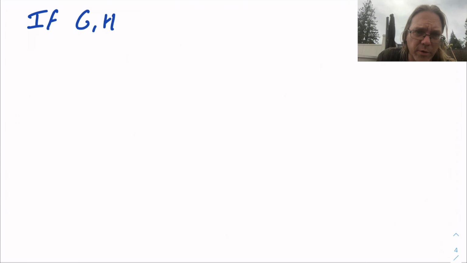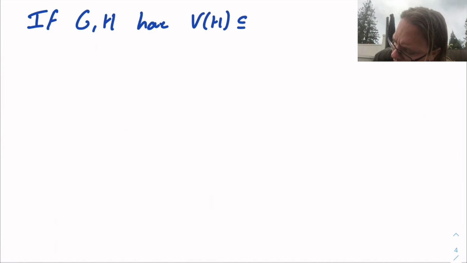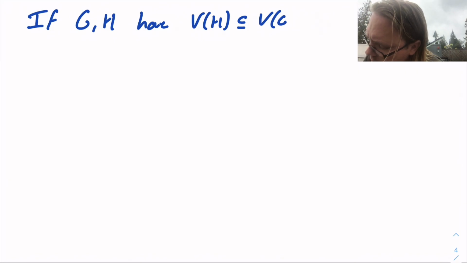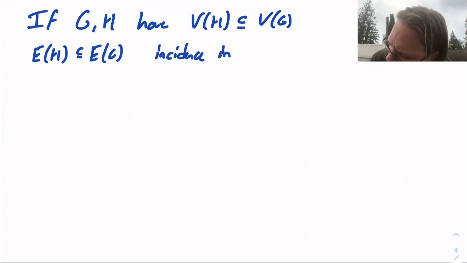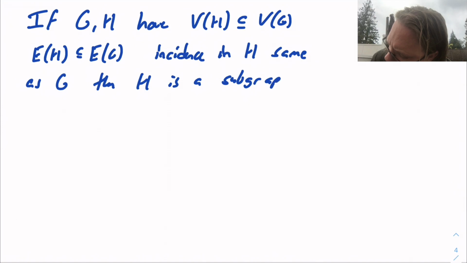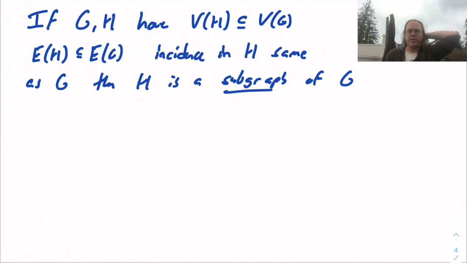Now, I'm going to say the same in a slightly more technical form. If I give you two graphs, H and G, and I tell you that the vertex set of H is a subset of the vertex set of G, and the edge set of H is a subset of the edge set of G, and incidence in H is the same as in G, then H is a subgraph of G. We'll use set theoretic notation to indicate that this is true.